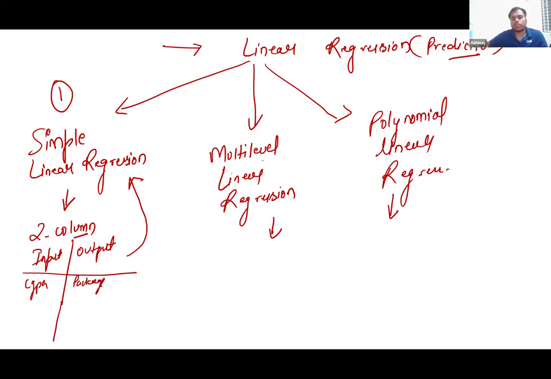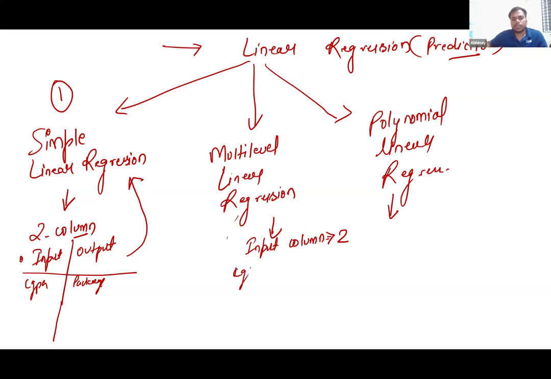Now, if we talk about multiple linear regression, in which scenario do we need to apply it? Whenever you have more than one input column, equal to or more than two input columns. Right now we have only one.